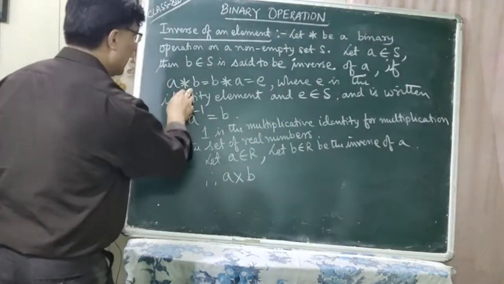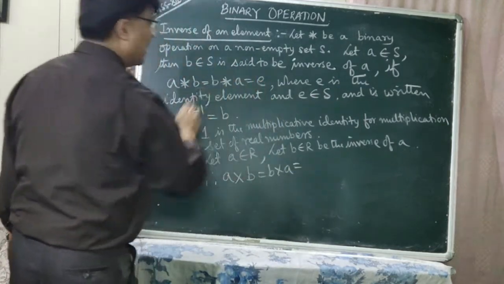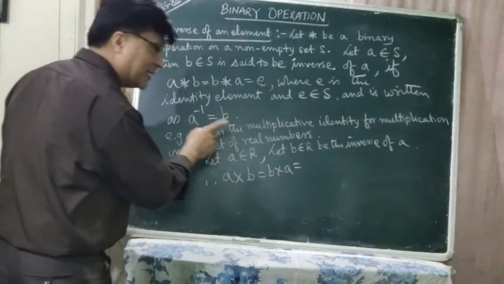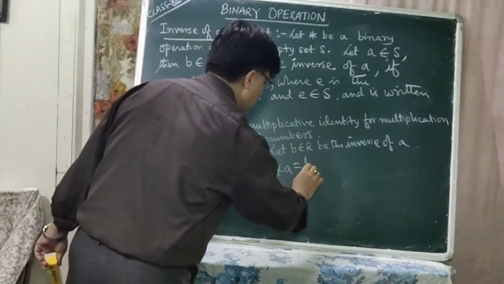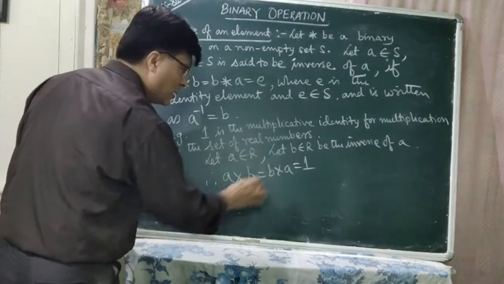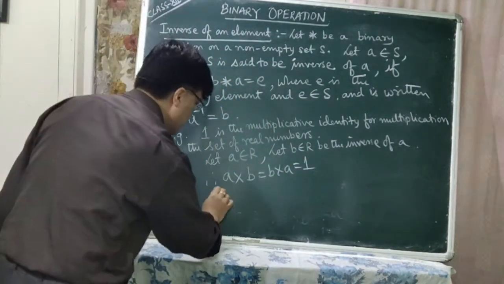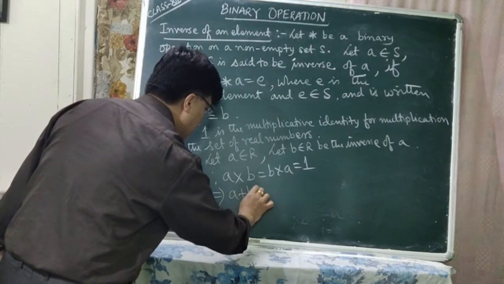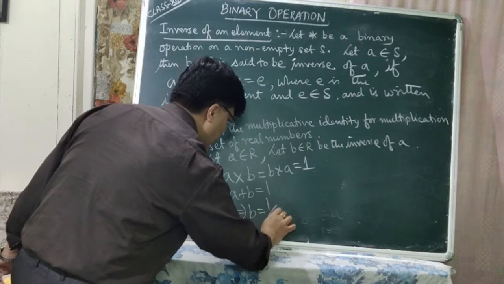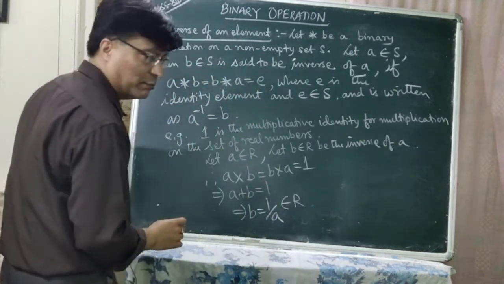Let us write A into B is equal to B into A is equal to E, the identity element. But in this case, for multiplication, which is the identity element? That is 1, right? So either you can equate A into B is equal to 1 or B into A is equal to 1. Whichever you equate, it implies that A into B is equal to 1, which implies that B is equal to 1 upon A, which also belongs to the set of real numbers.